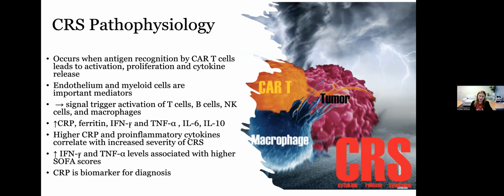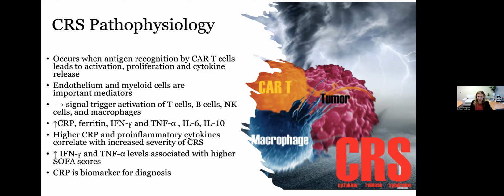We know that those that have high severity of CRS have higher CRP levels and higher pro-inflammatory cytokines. Most centers do not measure the pro-inflammatory cytokines outside of a clinical trial, but since COVID, IL-6 measurements have become more common at some centers.